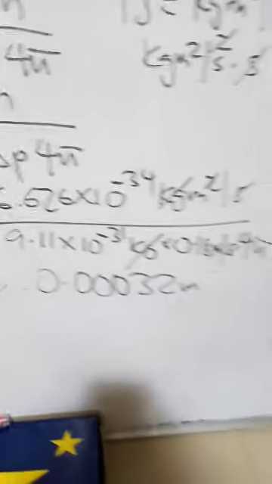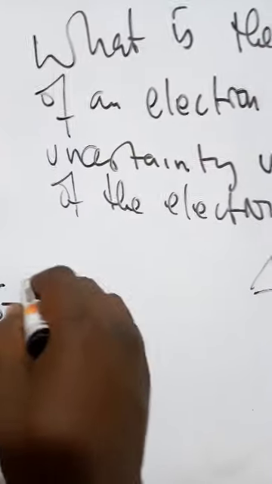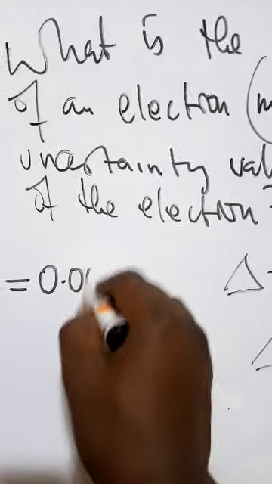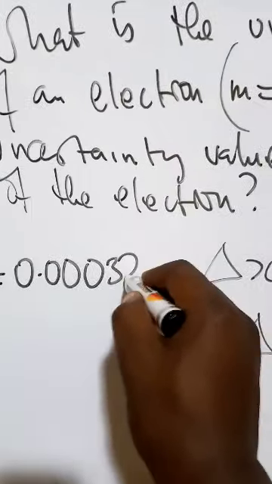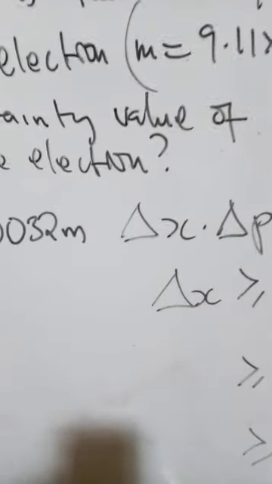So this is the uncertainty in the position for an electron. So we can take note. So delta x for an electron is 0.00032 meters.